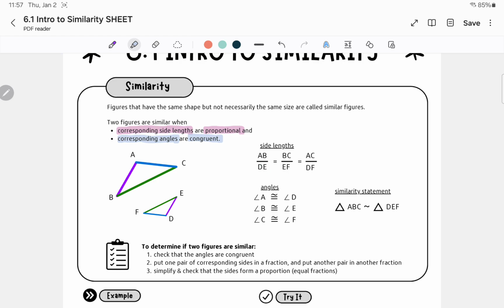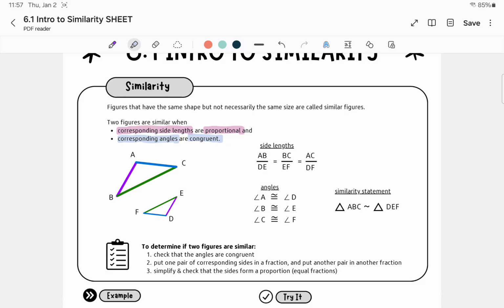That's going to be equal to the side BC, in green, over side EF, that's also in green. Those are corresponding to each other, right? When you put those in a ratio, those are going to all be equal to each other. Same with AC over DF. If I put those all in a fraction and simplify it, they're going to be equal to each other. That's what makes it proportional. And we're going to go over that in just 1 second.